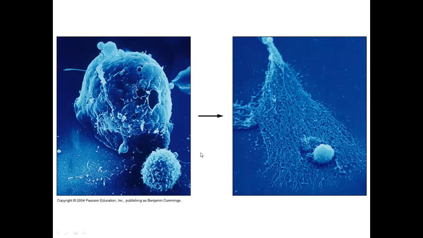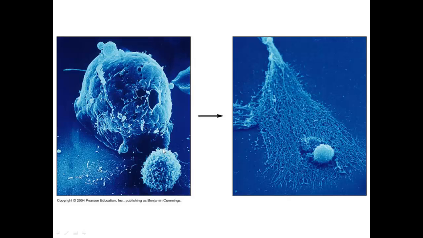Let's take a look at what this really looks like. So here on the left, you're looking at a tumor cell. So you can see that this cell is really large. It's grossly large and very abnormal. It's got all these weird protrusions on its surface. This little guy right here is a cytotoxic T cell.